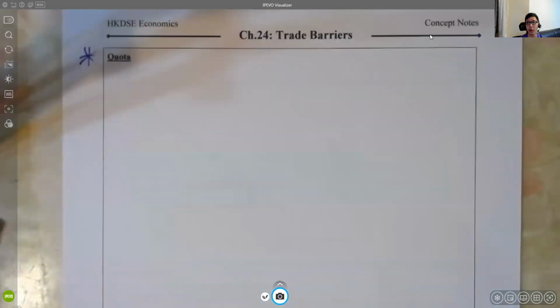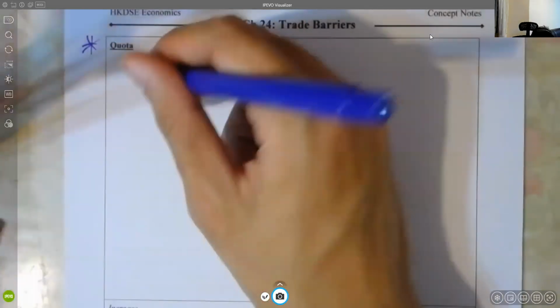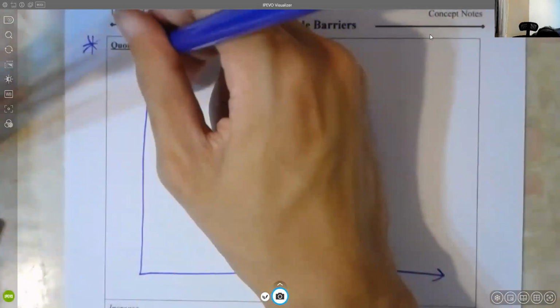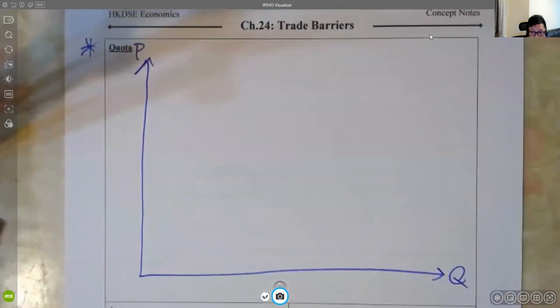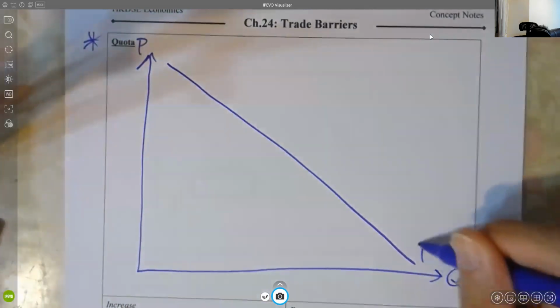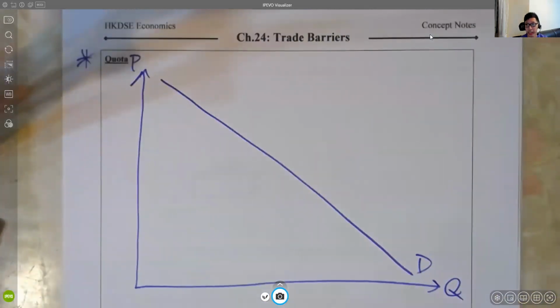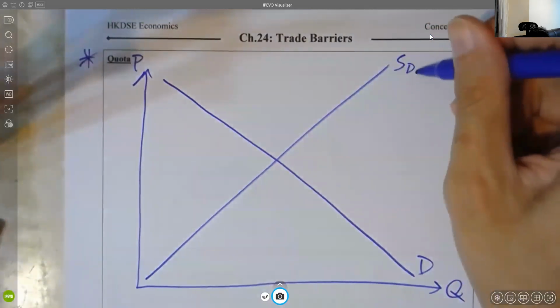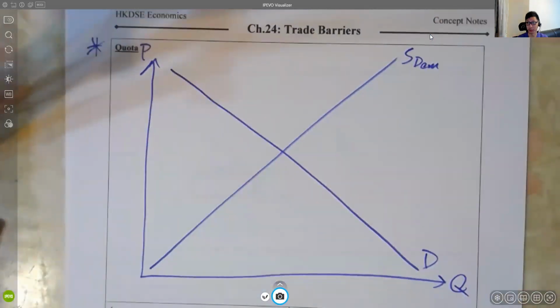Okay, so let me slow down here a little bit. Here we have, of course, our PQ. Then we have our demand. Now this time remember also we have our domestic supply, of course, right?